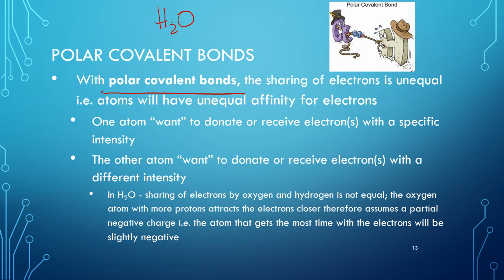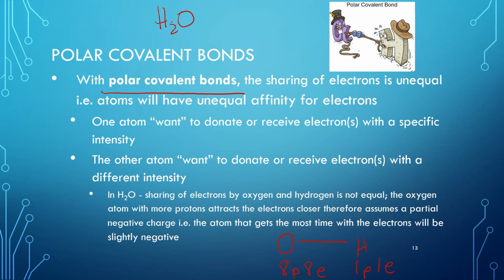So water is 2 hydrogens and 1 oxygen. Oxygen has 8 electrons and 8 protons, and hydrogen has just 1 proton and 1 electron. So if you think of this sharing of the electron, hydrogen is going to share its electron with oxygen.